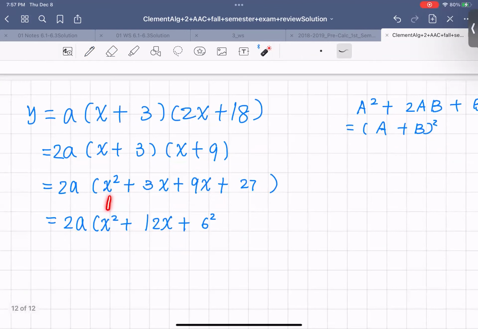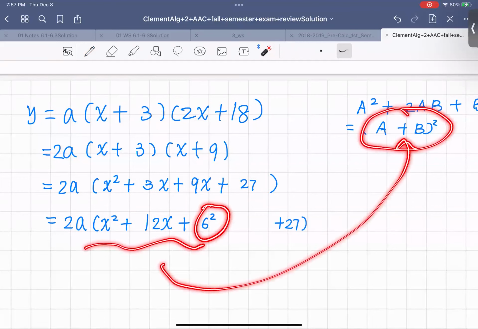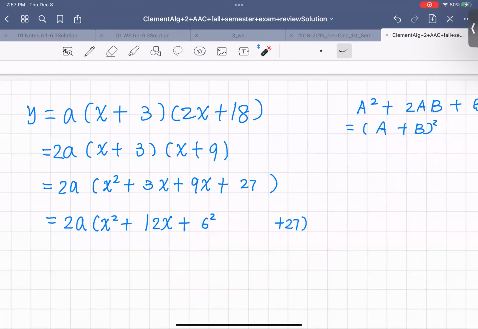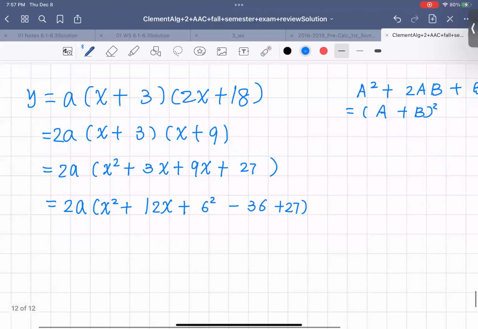Let's do the matching. This thing matches to this. This guy matches to this. 27, I will leave it at the end. This is something extra to help me complete the square using this formula. So I need to minus 6 squared, which is 36. That guy I can rewrite as x plus 6 squared.